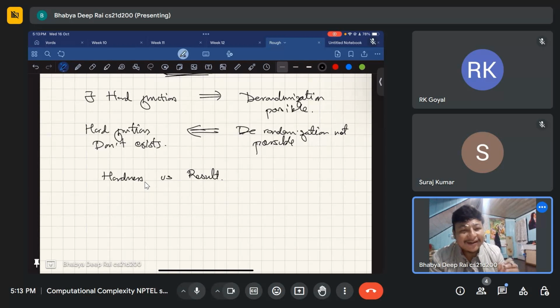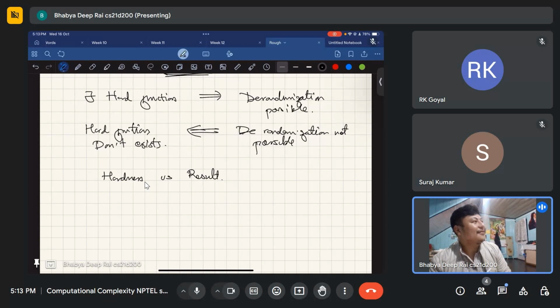If you want to de-randomize something, you make use of very hard functions. And the other way around also. But the first direction makes more sense, I think.